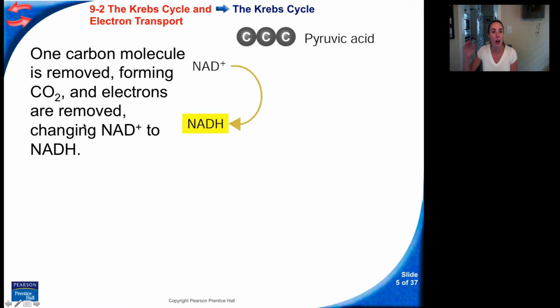And electrons are also removed, changing NAD plus to NADH. So here's carbon dioxide produced by cellular respiration. You may be familiar with it. It's something that you breathe out every second or so. Every time you breathe out, you're breathing out the products of the Krebs cycle.